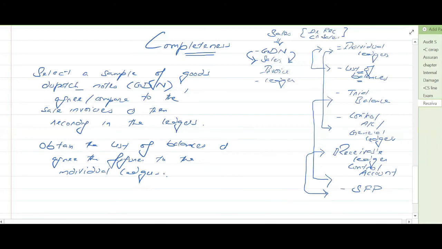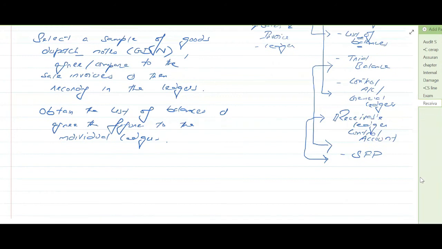Remember, we are confirming the completeness. That same thing is recorded everywhere where it should have been recorded. Right? Similarly, you can also confirm the balance in the trial balance with that of the statement of financial position. The balance in the receivable ledger control account with that of the statement of financial position.